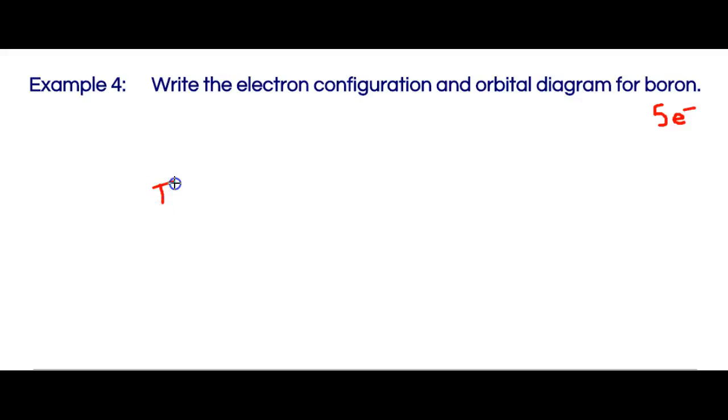We're going to fill the 1s orbital with 2 electrons, the 2s orbital with 2 electrons, and now we're going to fill the 2p. The maximum number in the p subshell is 6, but in this case we only have 1 electron in there. So we're done.